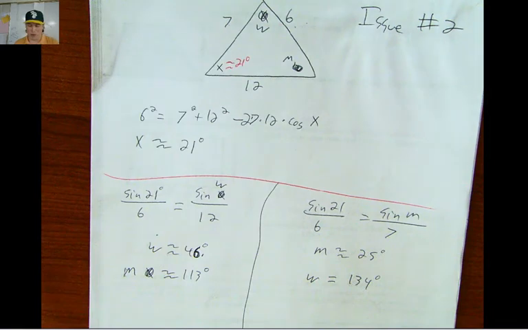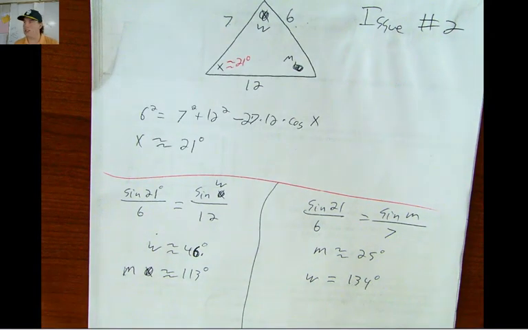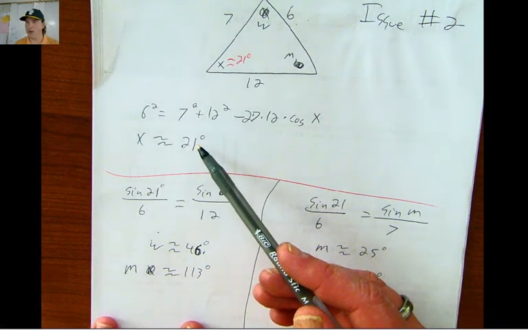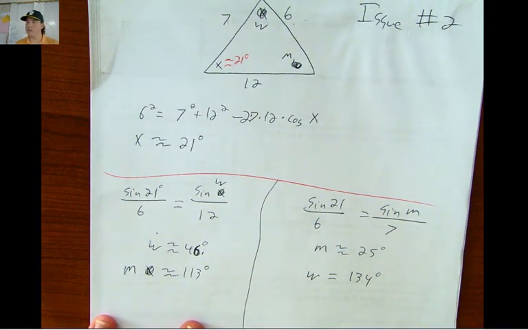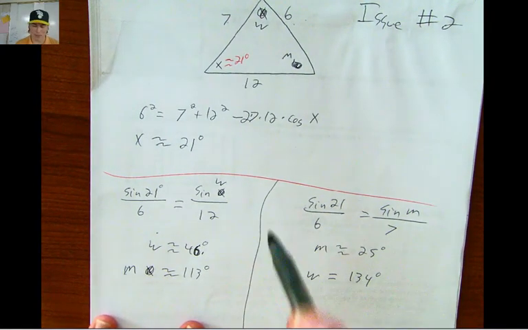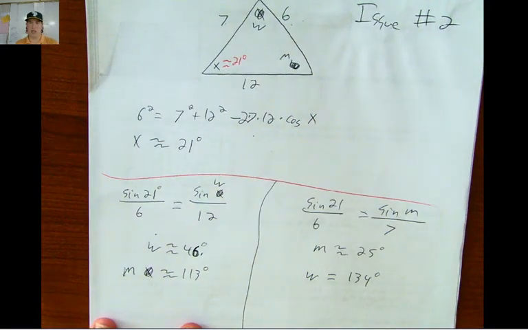In this problem I hit a problem when I started using law of sines. I got different answers. If I would have used law of cosines up here and found the largest angle, then law of sines would have been okay. But the biggest mistake here is this person, me, didn't use law of cosines to find the largest angle.